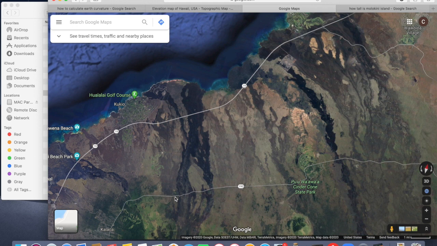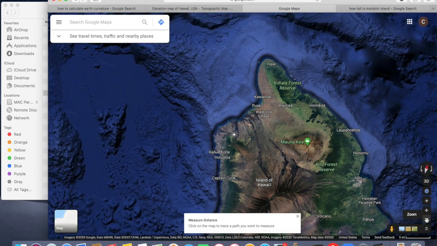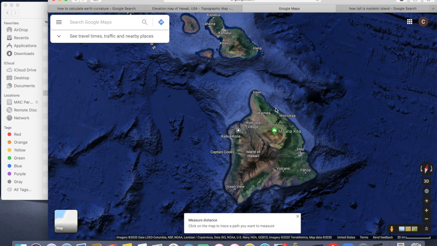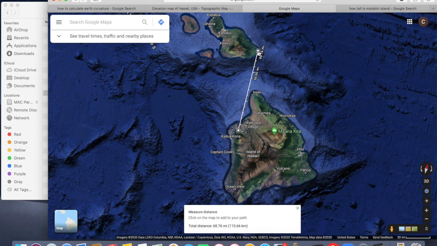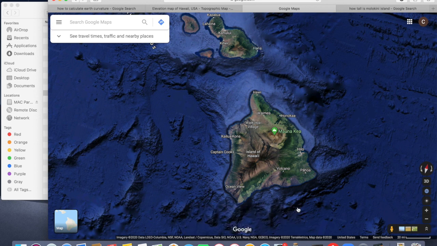Measure the distance to Hana on Maui, easternmost point of Maui. I made another video about Hana. You should check it out. We get 68 miles, which is about 69. It's pretty much the same distance as it was to Molokini from my observation point. So if we can kind of see the shoreline in Hana, we can kind of see the shoreline on Molokini.